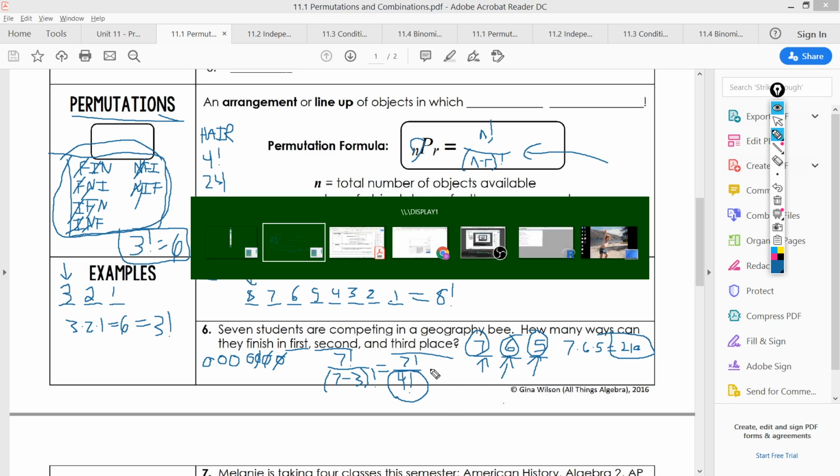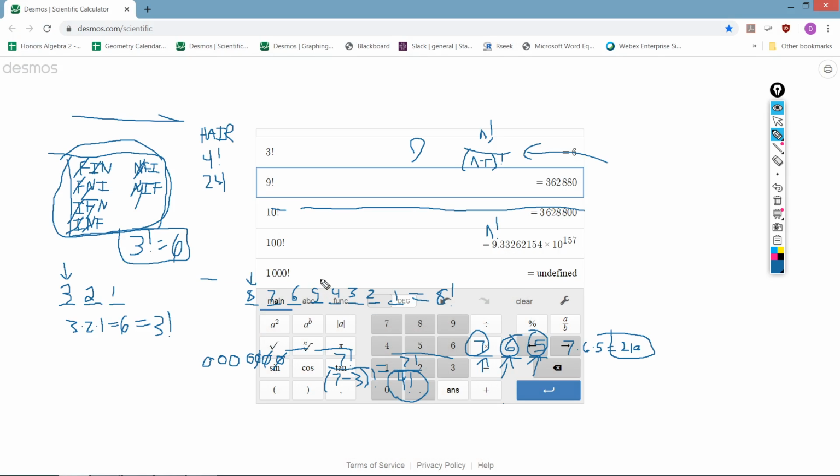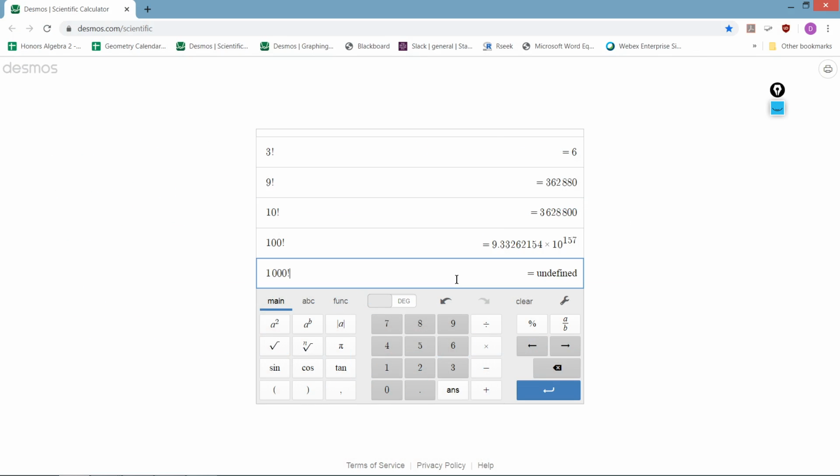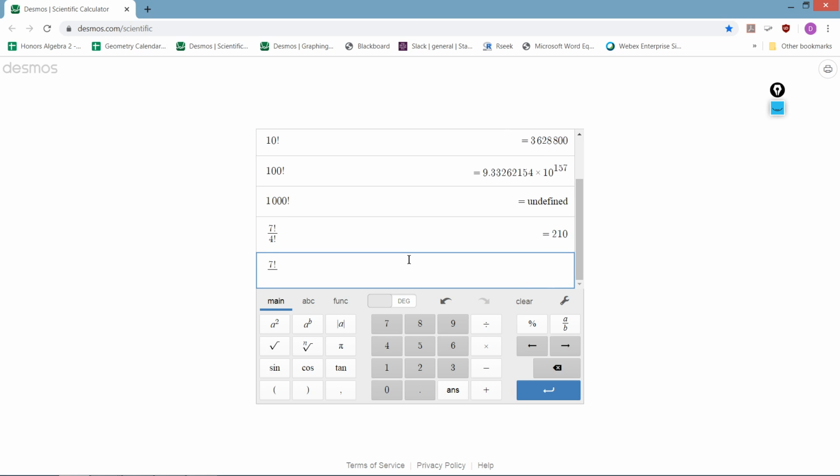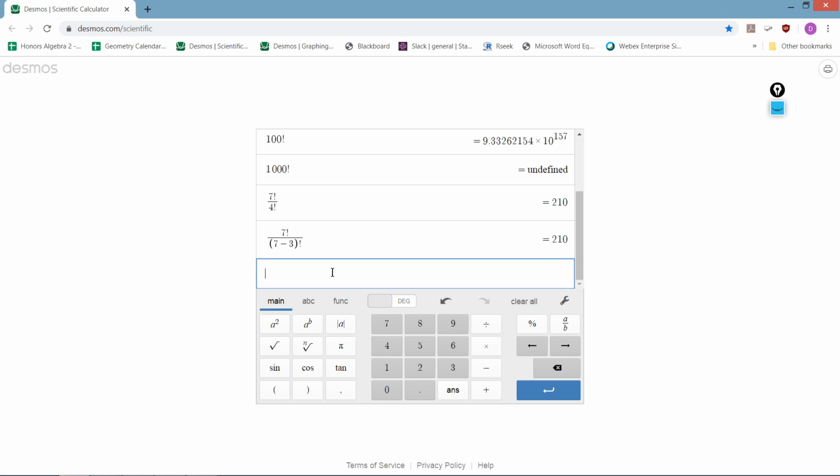And I'll prove it to you. 7 factorial divided by 4 factorial is 210, which is the same thing as 7 factorial over 7 minus 3 factorial. So notice these are the same things, and that's the same thing as 7 times 6 times 5. All these end up being the same thing.